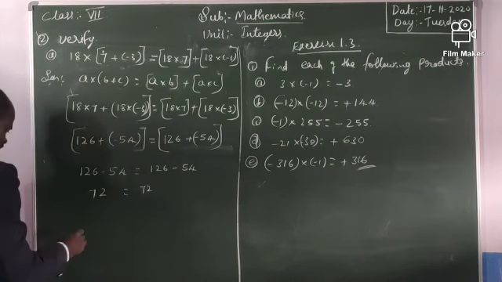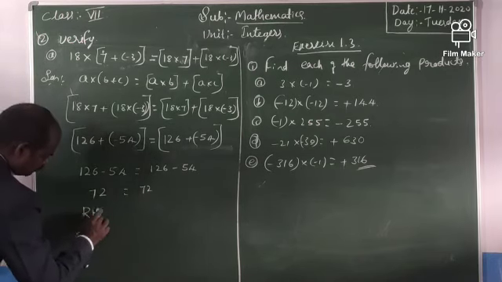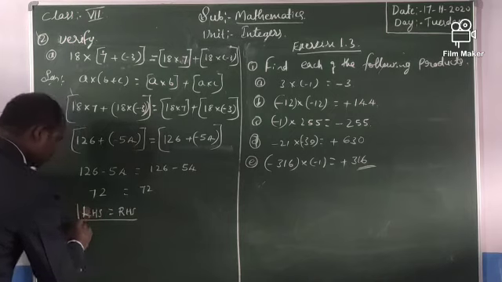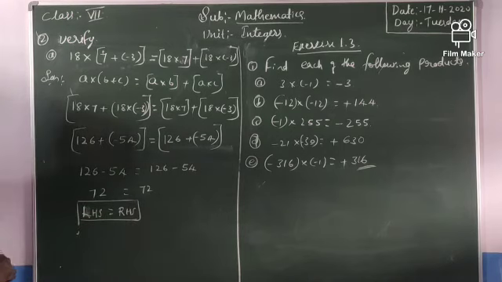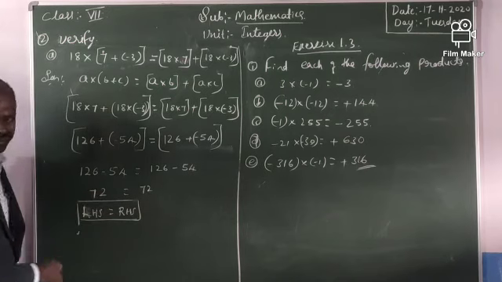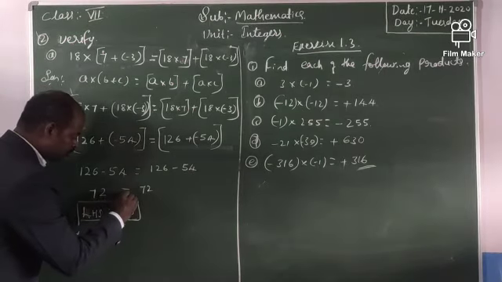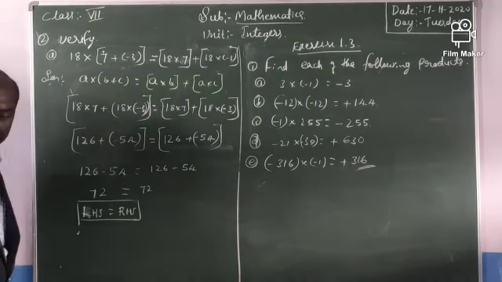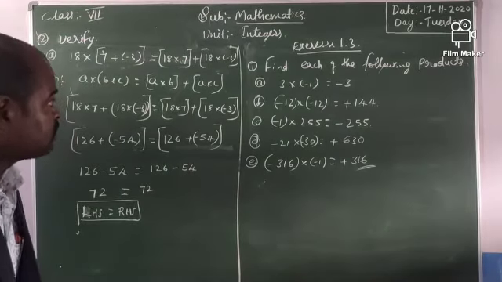Therefore the answer is 72. LHS equal to RHS. Also we can write it as RHS equal to LHS. If it is equal, this is also equal. So you see, 72 is always equal to 72 only. But 72 is never equal to 71 or 73. Understand? This is what the verification problem in this lesson is.